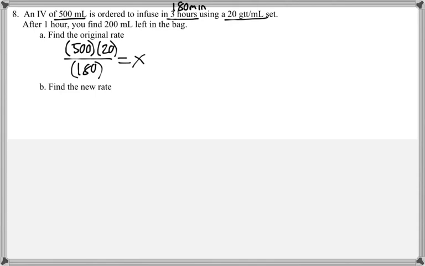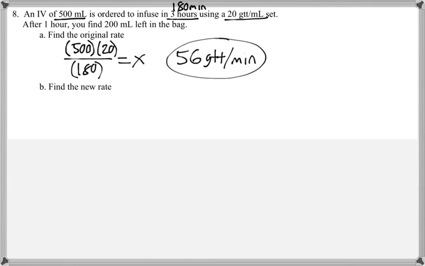So I'm going to take 500 times 20 divided by 180, and then rounding to the nearest whole number, we get 56 GTT per minute. So that's the original rate.